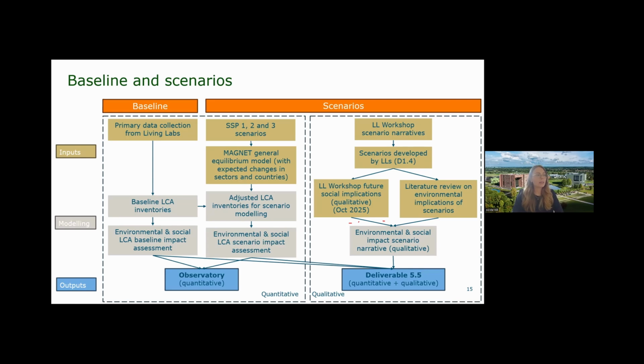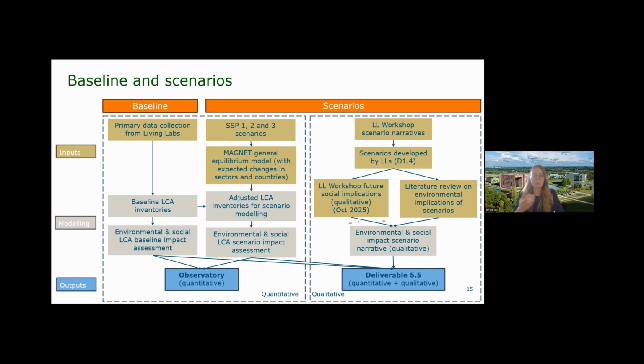And we combined here LCA with MAGNET. And many of you might have been at the webinar last week that Jason presented about MAGNET. So if you want to understand more about MAGNET, I would advise you to rewatch that webinar, because it was a full hour on MAGNET and the assumptions made there and the outputs. So we will not go into too much depth here on MAGNET, but we use the output of MAGNET, which uses these SSP scenarios, to adjust our inventories, as we call them.